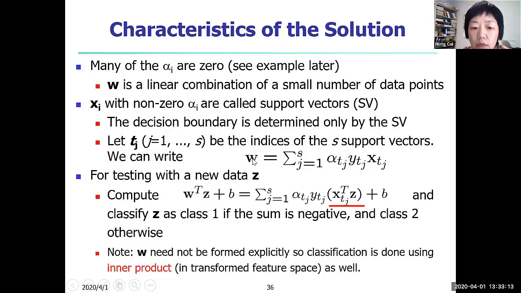If we plug w into this decision boundary with a new data point z that we're trying to classify, we see that the value of this decision function depends on the dot product between the support vectors and the new data: one new data point versus all the support vectors. If this formula turns out to have a sum that's negative, then we classify z as class 1, otherwise class 2.